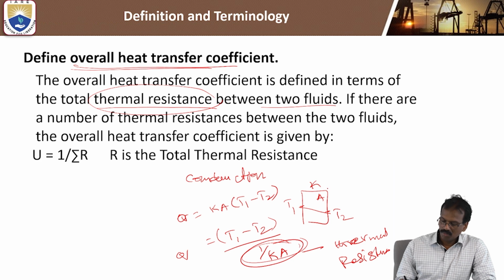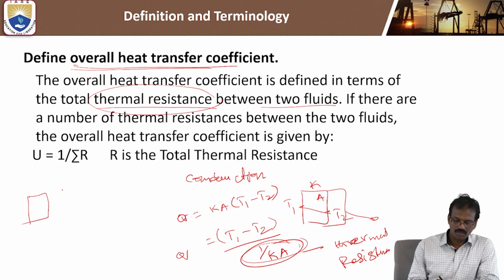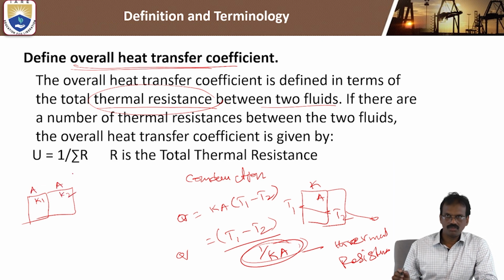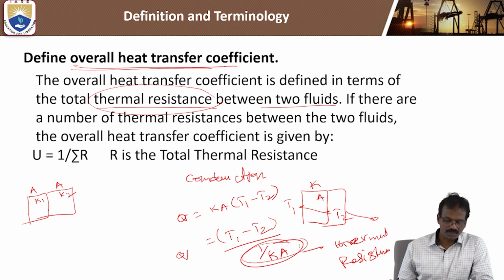If you take one more slab, like this, this is one slab and this is another one. This one has thermal conductivity K1 and this has K2. The area you can take as uniform or different also.